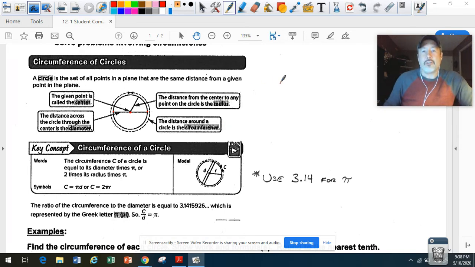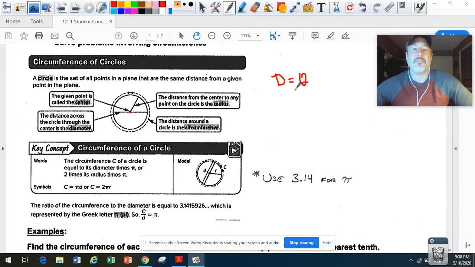Okay, so let's look at some other key things here. If you want to figure out what the radius is, and you know the diameter, say the diameter equals 12. Your radius is equal to the diameter divided by 2. So this would mean if the diameter is 12, the radius would be 6 because half of 12 is 6.